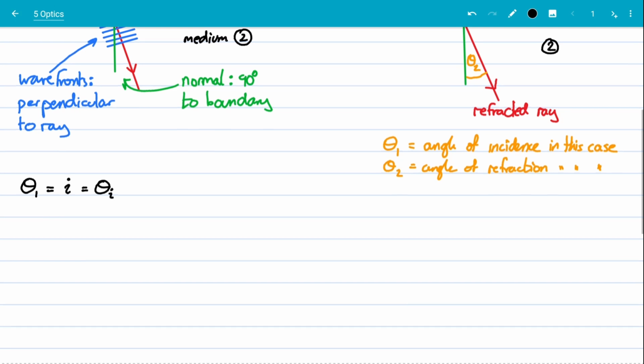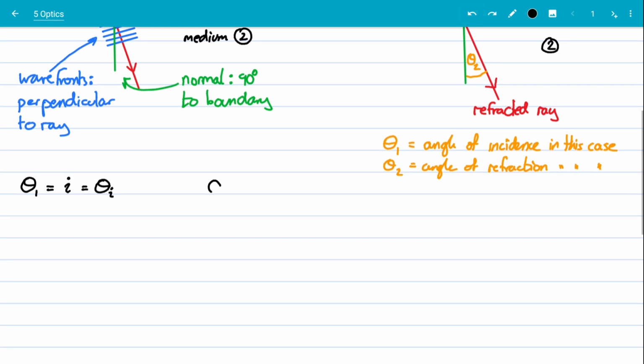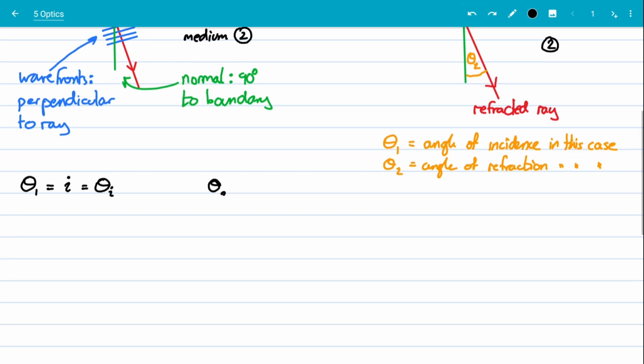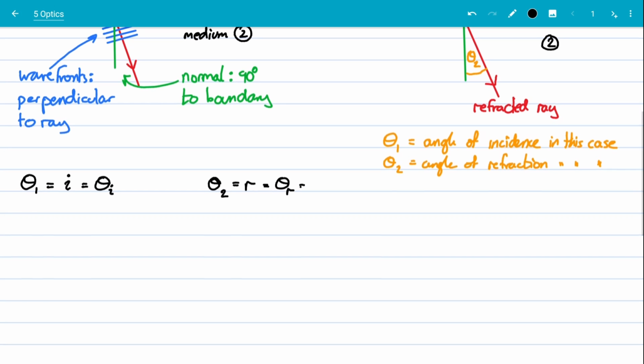It's an I, not a number 1. θ2, in this instance, is our refracted angle, and sometimes you'll see that written as R, although R could be the reflected angle, the angle of reflection. So sometimes you'll see it as θr, but again, that could be a reflected angle. So sometimes you'll see something like θt, where the T stands for transmission.